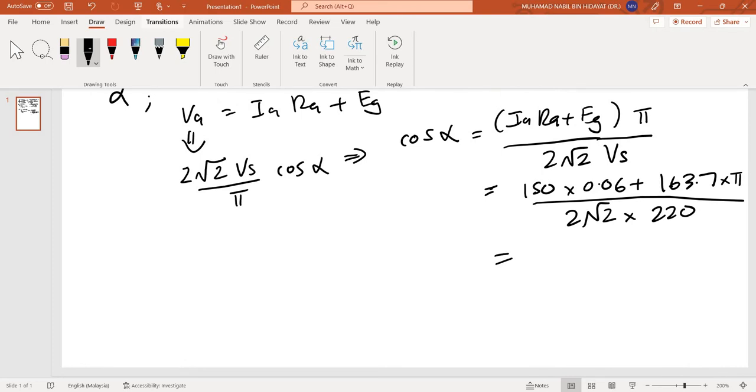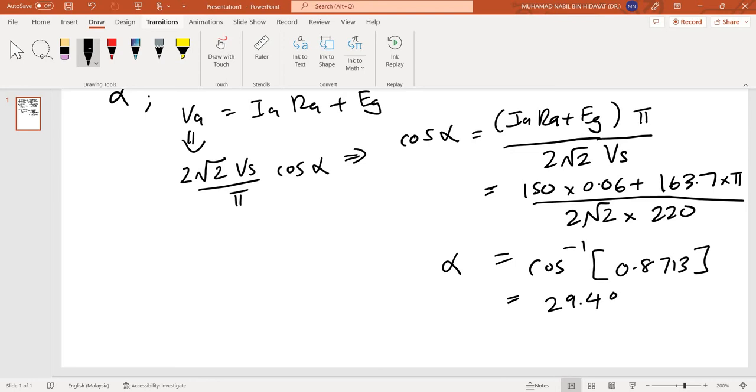So this is cos alpha of 0.8713, and you get around 29.4 degrees.